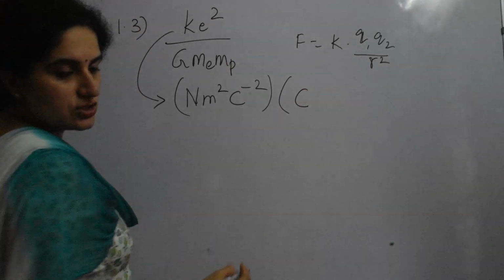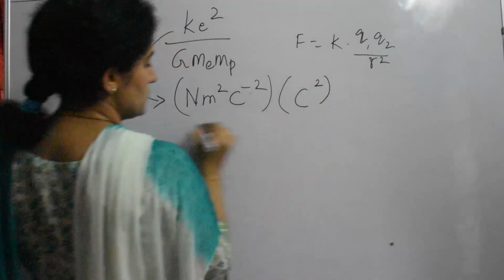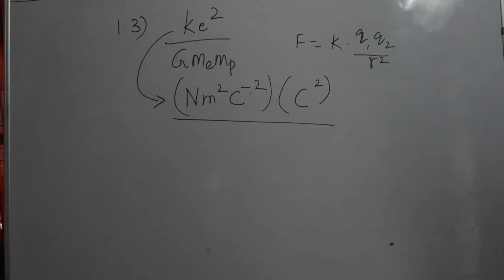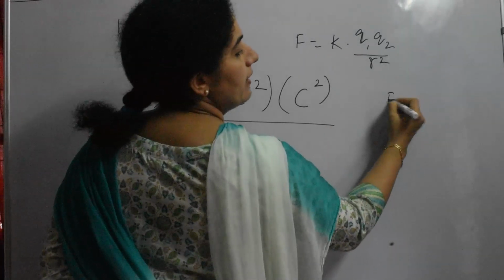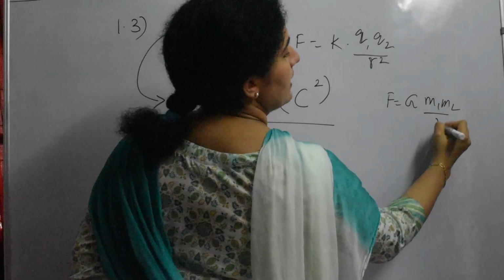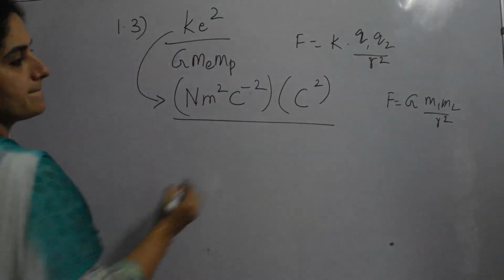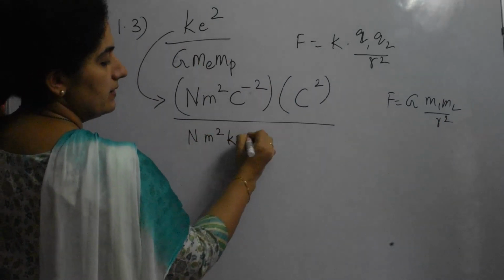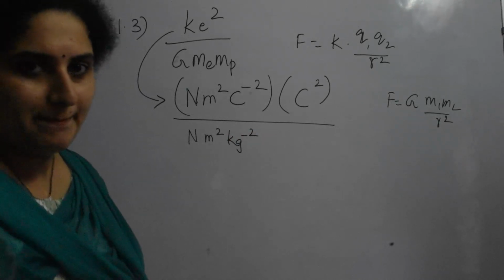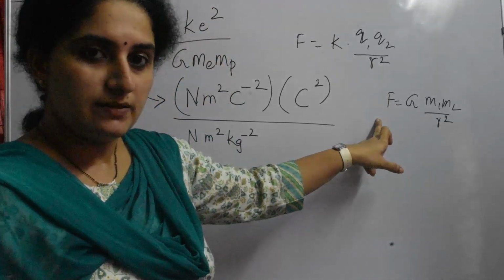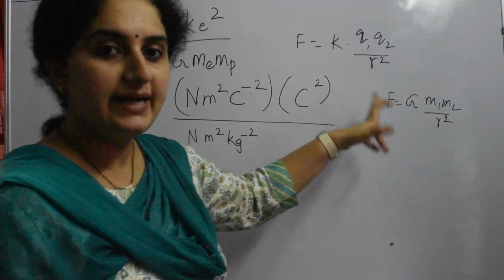e is nothing but charge, electron, so coulomb square, divided by G. G is gravitational constant. So what will be G? F is equal to G m1 m2 by R square. So it will be Newton meter square per kg square, m1 and m2 masses of the two bodies, which is the universal law of gravitation, chapter 8 of grade 11.